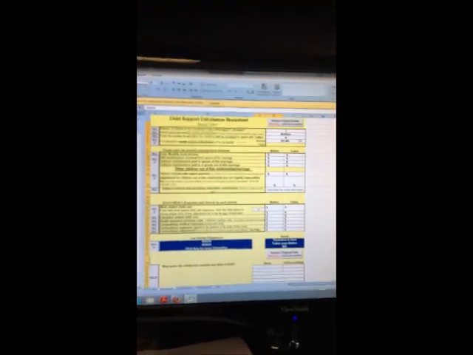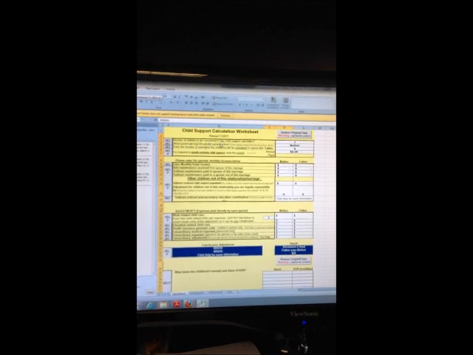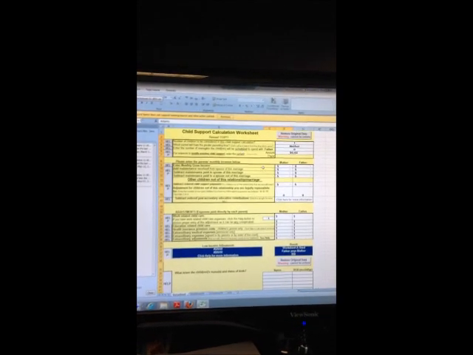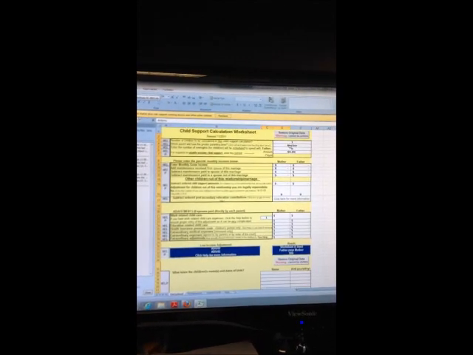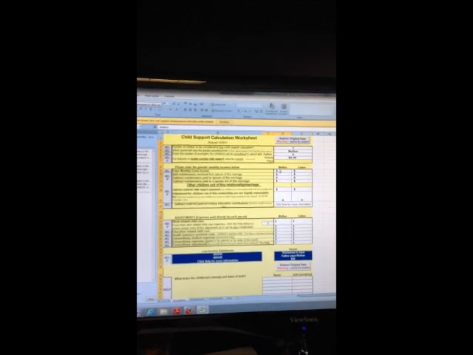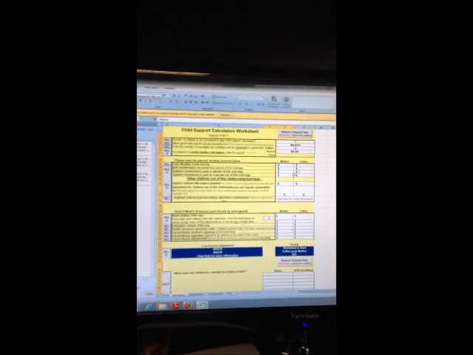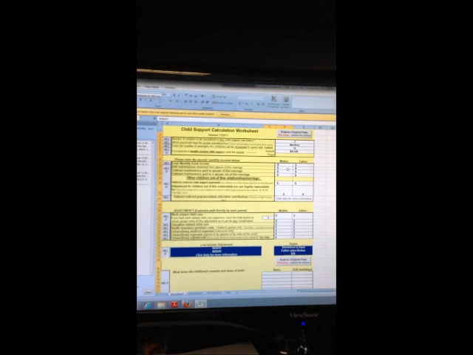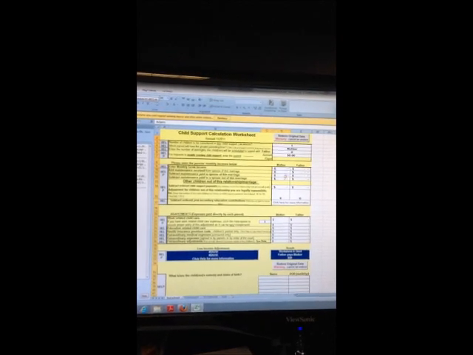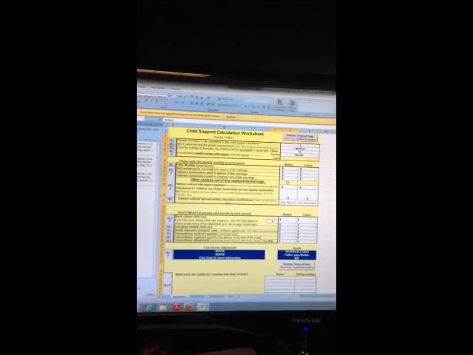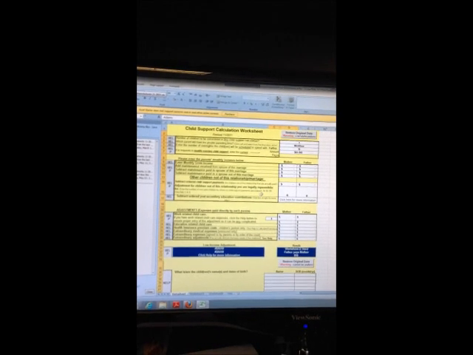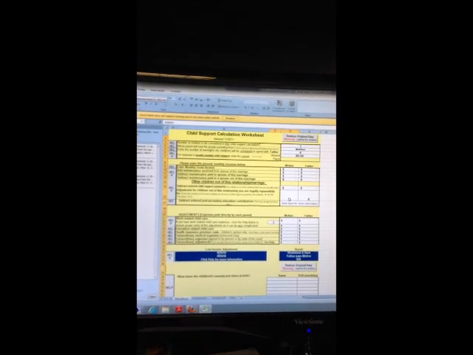So this is the form that you can fill in. Number of children, which parent has the children for the greater amount of time, mother or father, mother's gross income, father's gross income, any maintenance paid or received would go in here because that's part of income. The number of children that you are legally responsible for other than the ones in this worksheet.